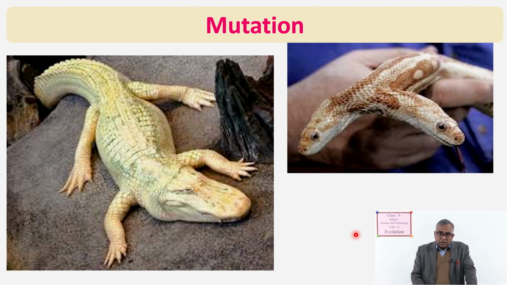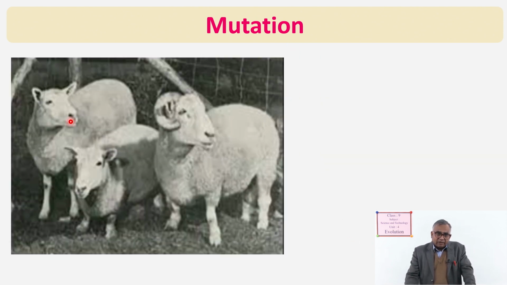Okay, next example, there are three sheep. These two are common, but this one is very different. It doesn't mean that if in a group of tall organisms one is shorter, then it is because of mutation. Don't have that concept.